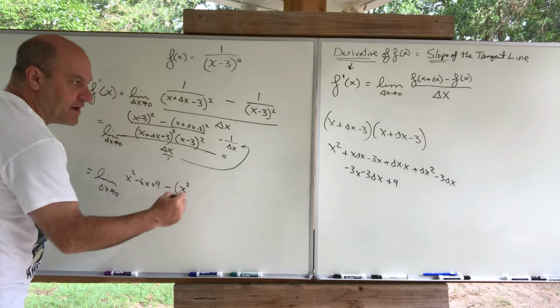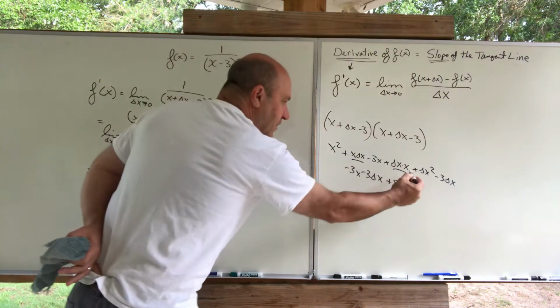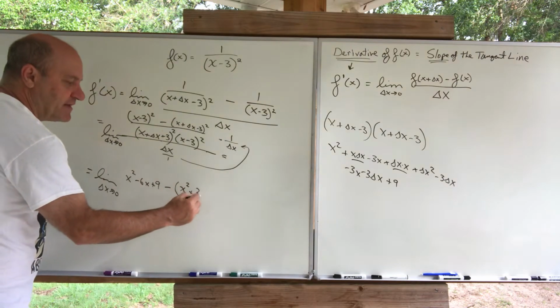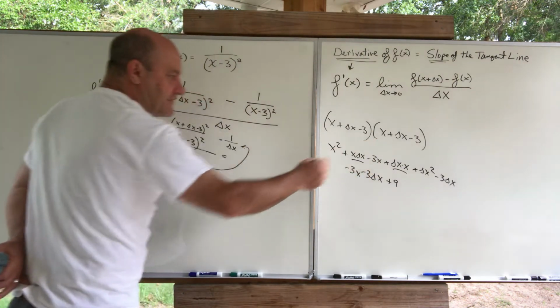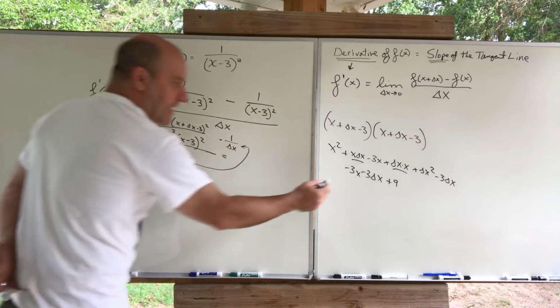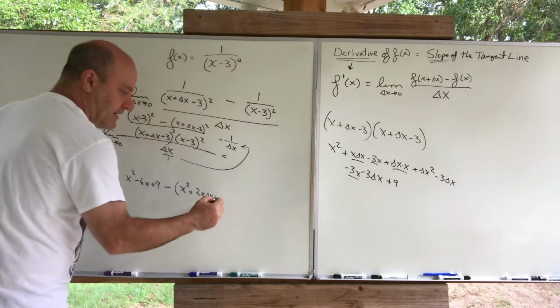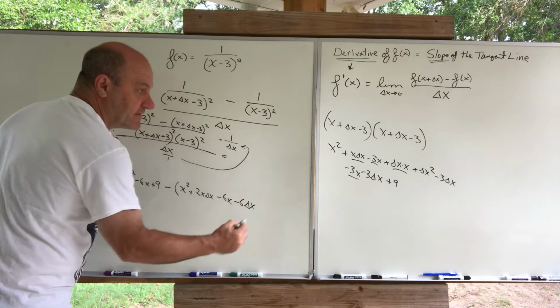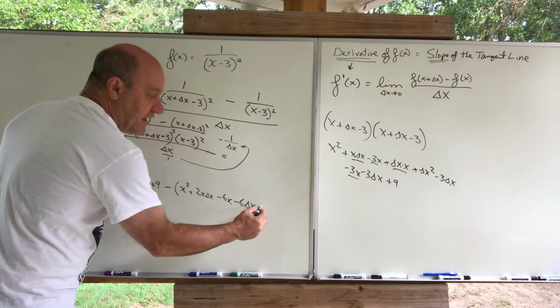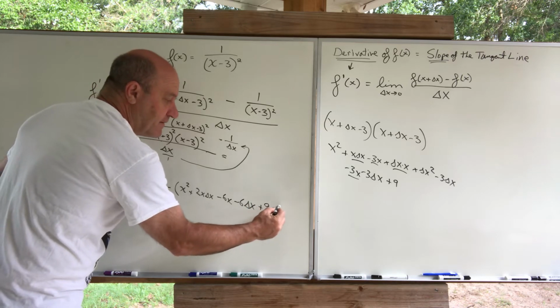I've got an x squared. I think I got 2 of those. Plus 2x delta x. I've got a negative 6x, I see. Yeah, I see a negative 6x. I see a negative 6 delta x. I see a plus 9 and a plus delta x squared.